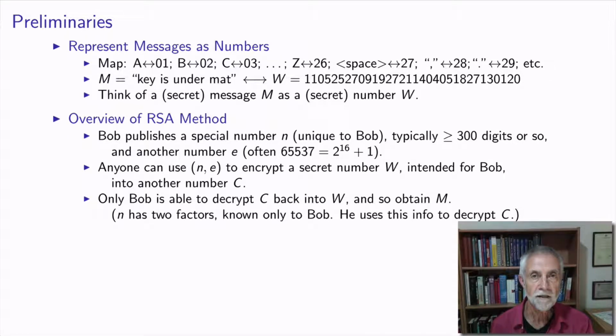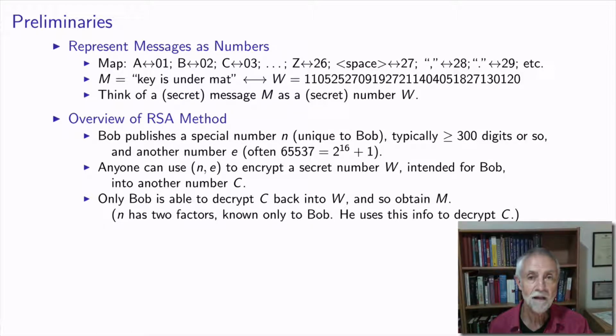So, very briefly, an overview of the RSA method. Bob publishes a special number N, and this number will be unique to Bob. In fact, what happens in practice, a new number may be generated every minute or two, or even more frequently. And typically, the number N will have 300 digits or more, perhaps 600 digits.